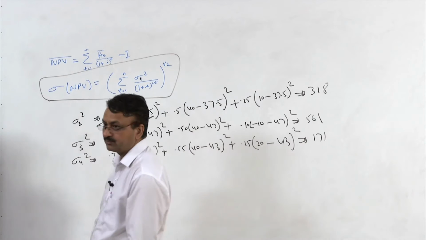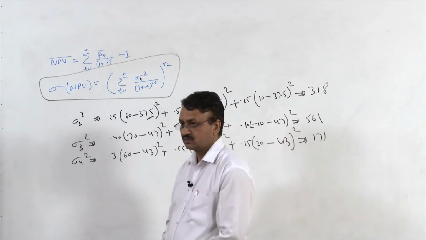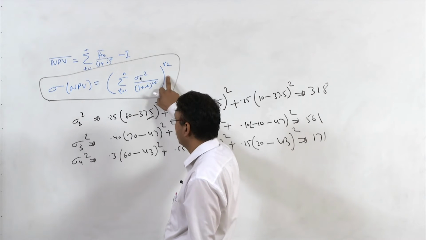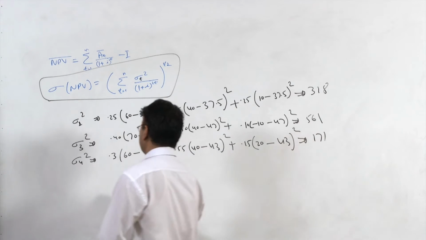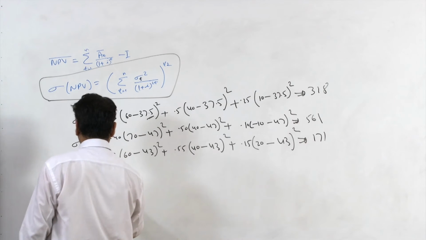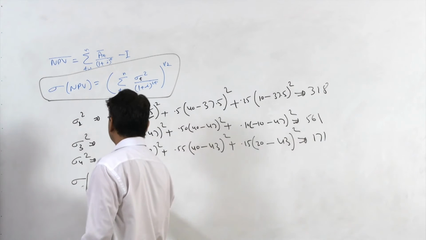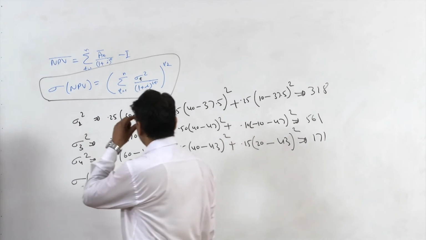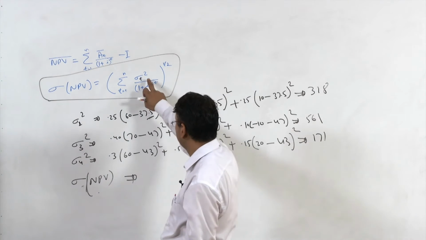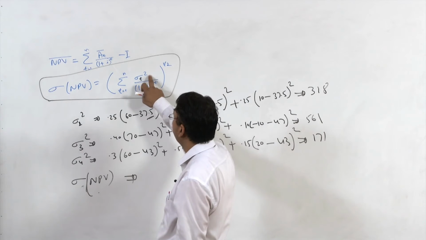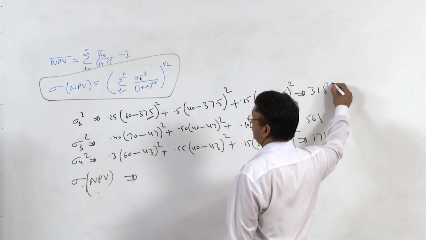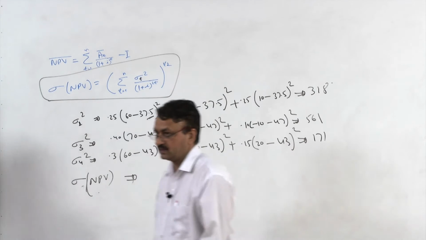standard deviation of NPV. Keep in mind, you need to apply this formula now. So, what to do for this? NPV is equal to, you need to look at what we have calculated for first year, it was there in previous slide.